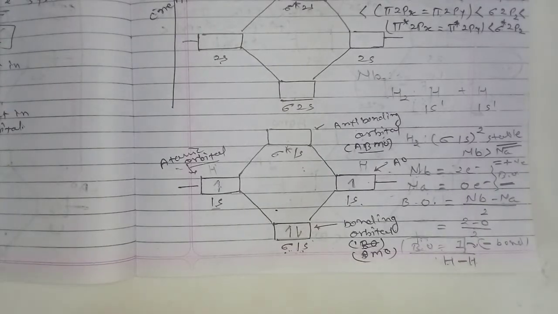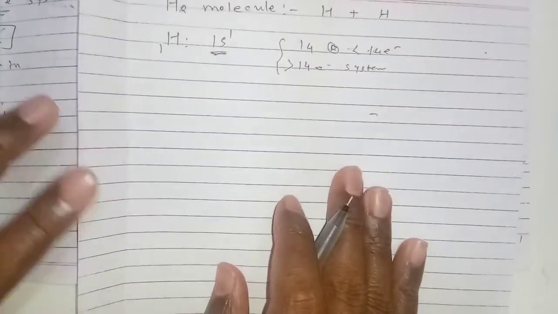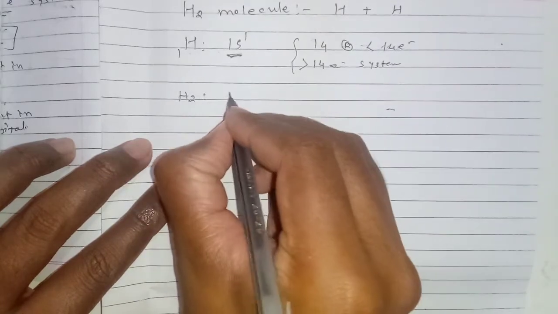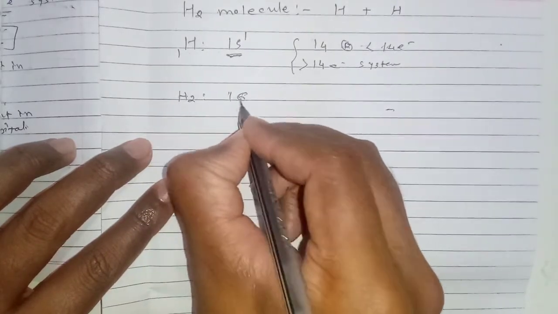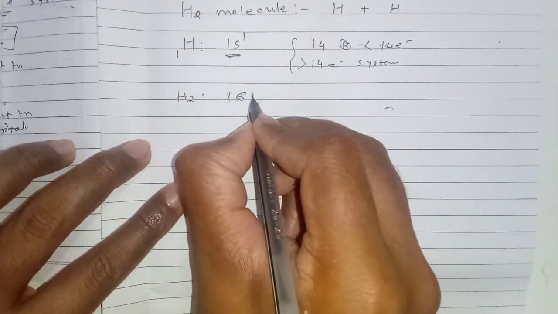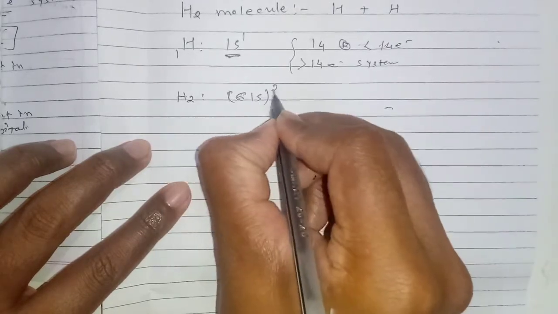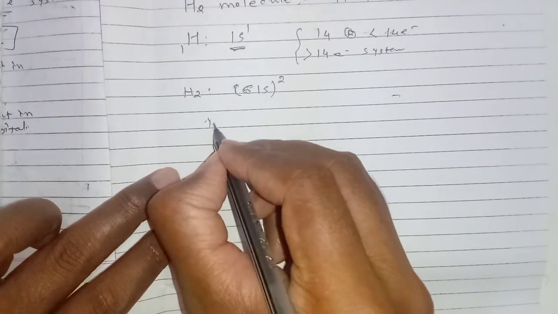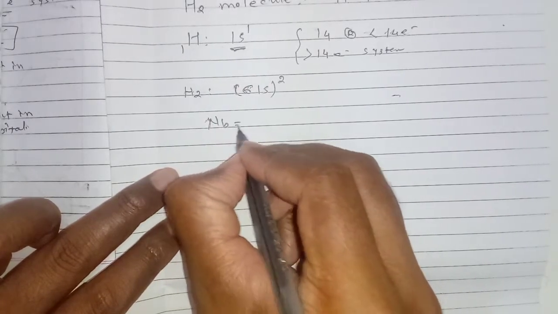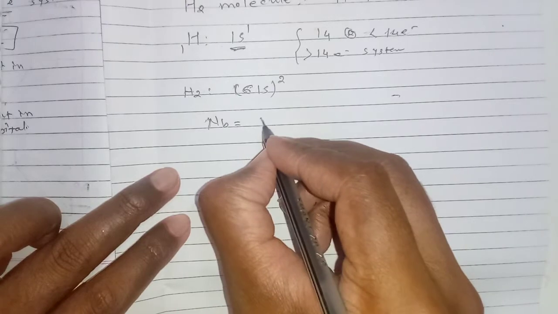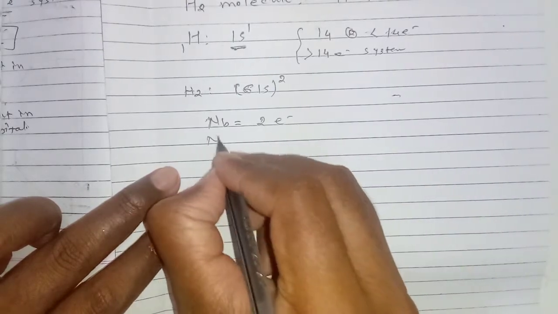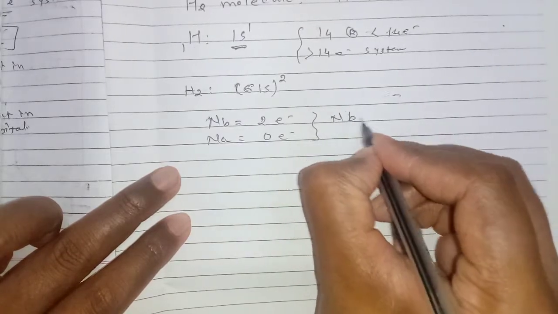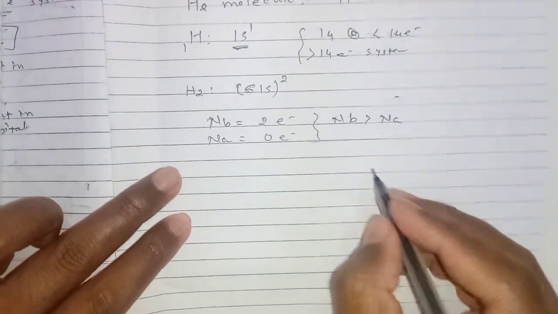So here we can easily write down for the hydrogen molecule: sigma 1s2, Nb is equal to 2 electrons and Na is equal to 0 electrons. Nb is greater than Na.